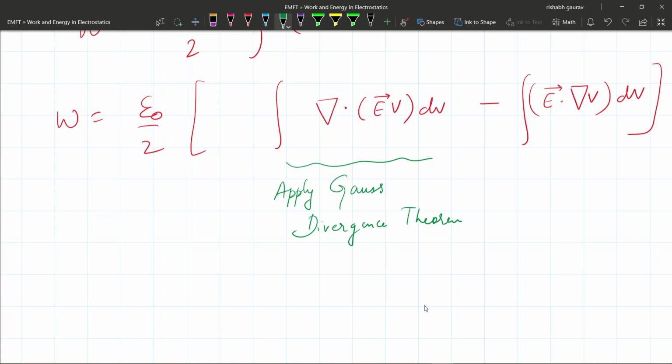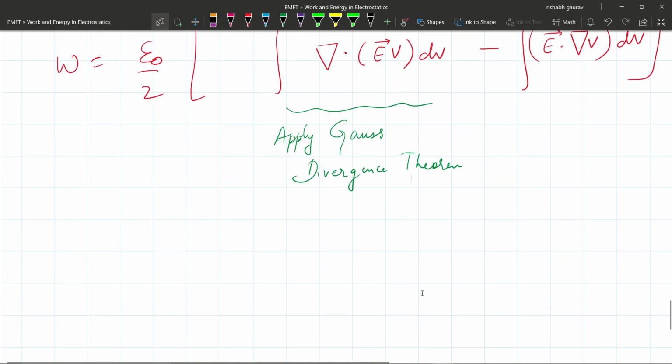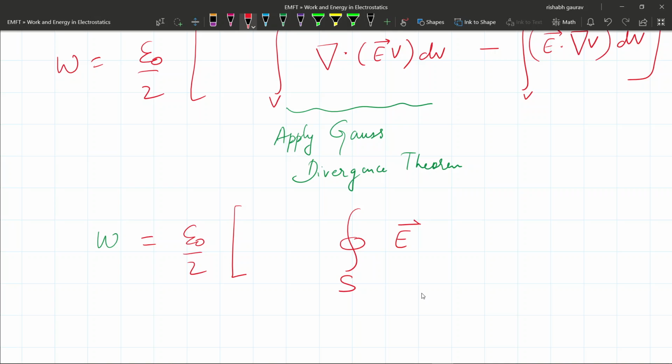As you see, this is a volume integral and this can be converted into a surface integral. W will be given by epsilon naught by 2 times the surface integral of EV dot ds.